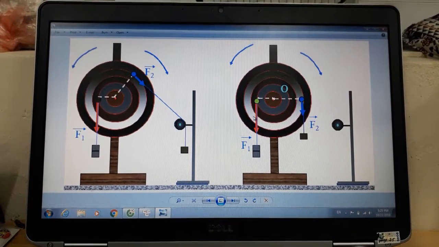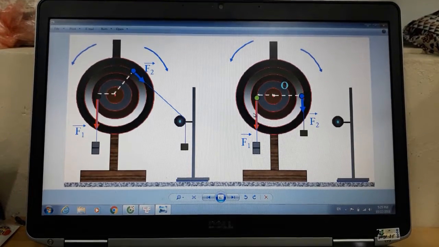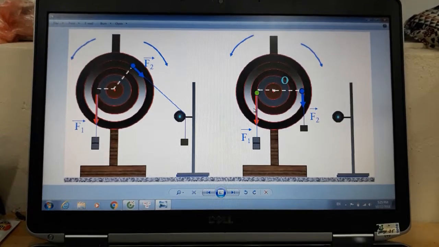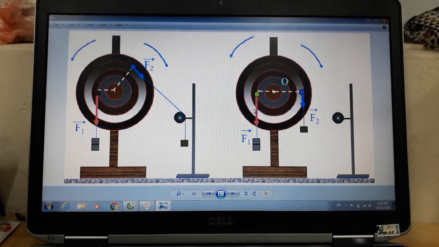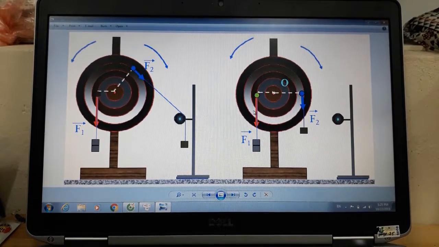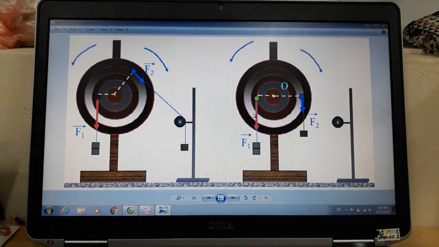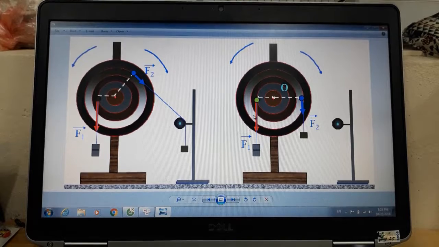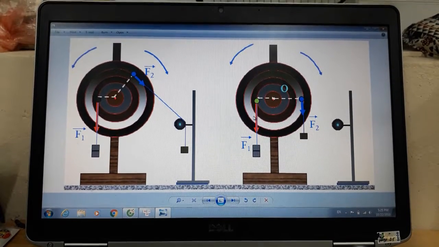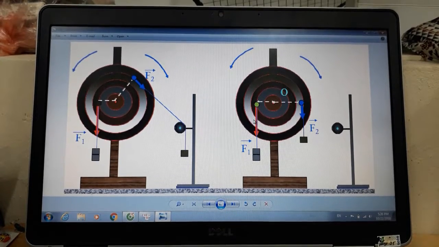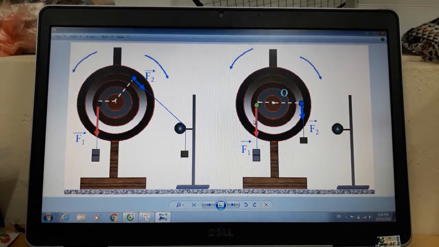From this situation, the rotation effect also changes as the direction of force changes. When the direction of force changes, D changes, consistent with the behavior of the disc. Hence, the hypothesis is F1 times D1 equals F2 times D2. The hypothesis is verified by using a rotating circle to measure distances D1 and D2.